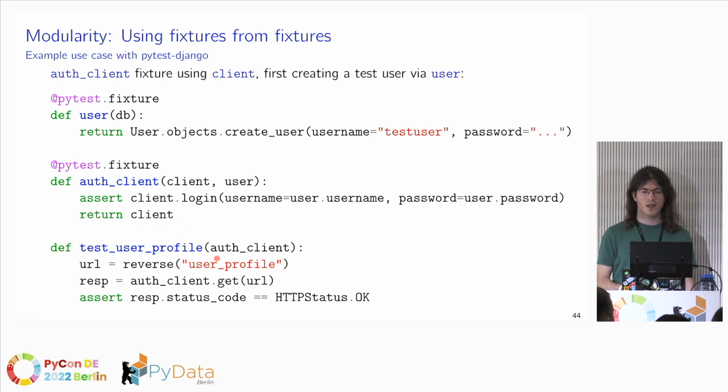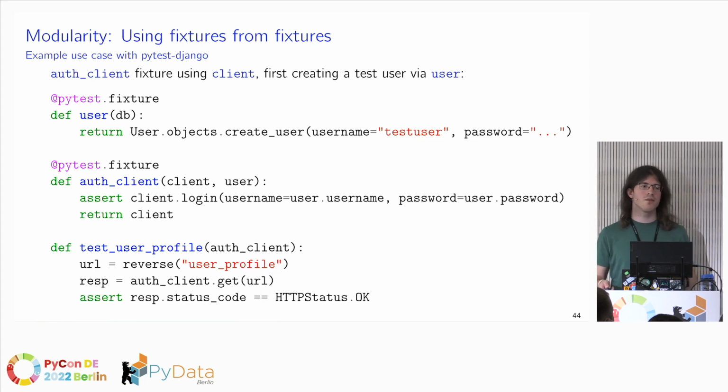Now in the test, we can use this auth_client fixture. We already have a client where a user is logged in now, and we could, for example, test a user profile URL or whatever, and make sure that we actually could access it. Maybe if we use the normal client there without being logged in, this would give us a forbidden or something.